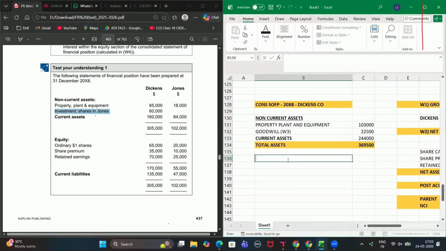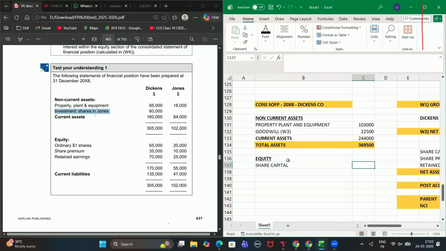What next? After assets, what next? Equity, right? In equity, what all things do we have? What will we be showing in equity in the consolidated SOFP? Tell me what the share capital will be here.